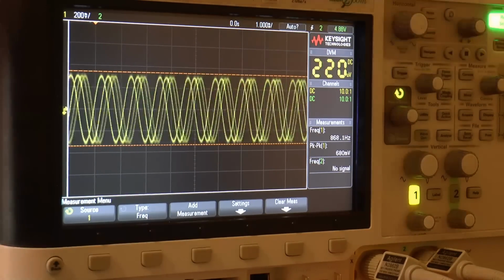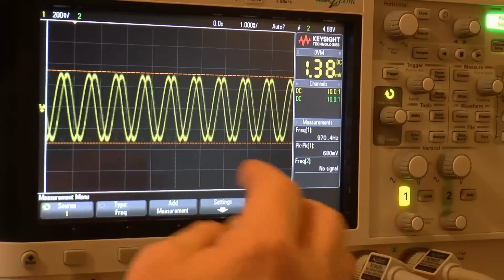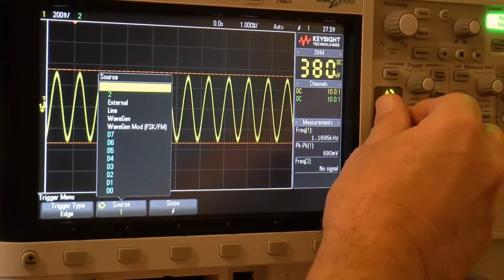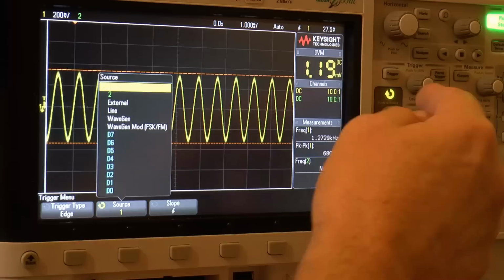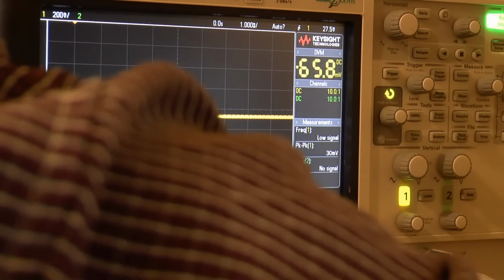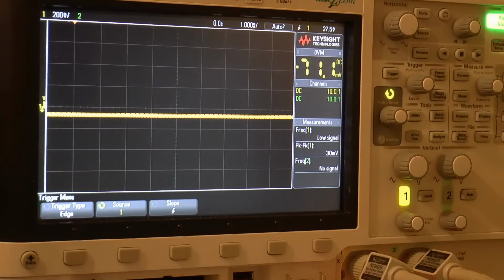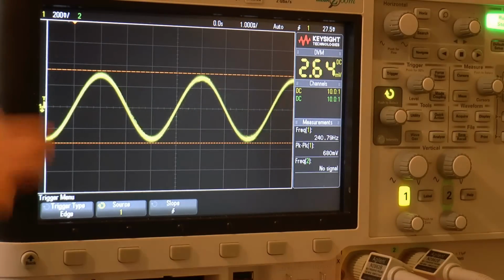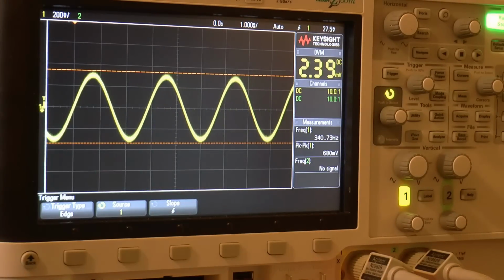Where's the trigger? Trigger source 1. If I start that again. Well, the example I'll show you is 400 Hertz, but this code starts at 30 and just keeps on running up. So it can't automatically ramp, you've got to program it.